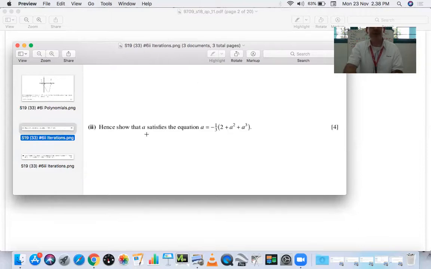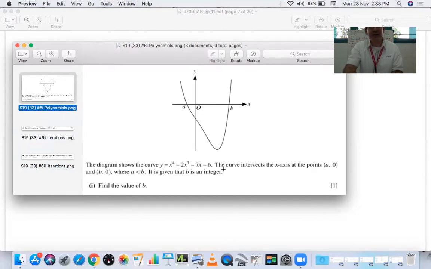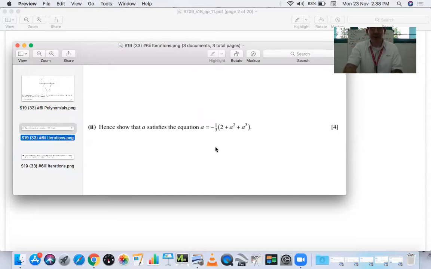Then the second part, again, here you have to show how to get a by itself. So you're going to have to rearrange this polynomial, and notice the x occurs in 3 different places. You're going to have to figure out which one of those x's you're actually solving for. So you might want to do a little bit of forwards, backwards. You got both ends.